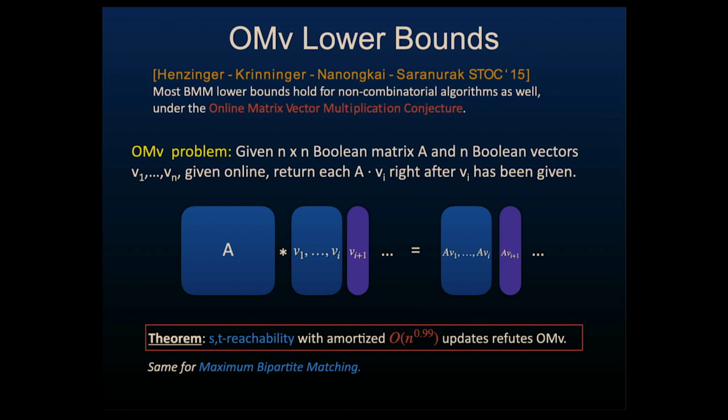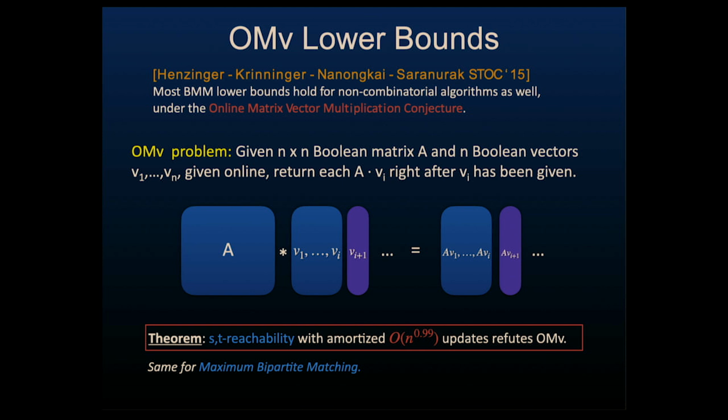And what they said is that Strassen will not work here. The subcubic algorithms we have for multiplying Boolean matrices don't work when you have online. The reason, if you remember, is that Strassen splits each matrix into blocks and finds some clever thing to save on the multiplications.